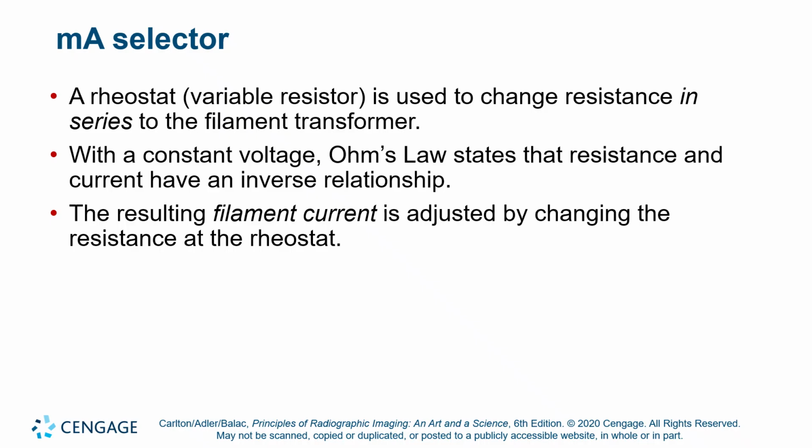If the voltage is always 20 and I decrease resistance, then the current has to increase. The resulting filament current, which is what's set at the rheostat, is adjusted by changing the resistance at the rheostat. And since it's wired in series to the step-up transformer, the output current at the rheostat is the current at the primary side of the step-up or step-down transformer.